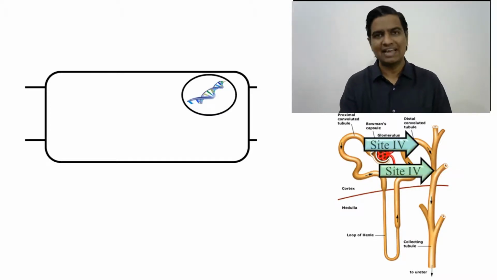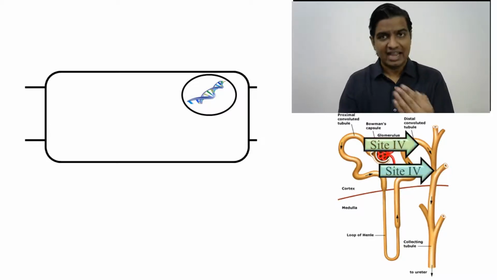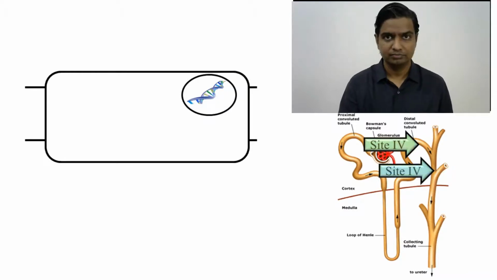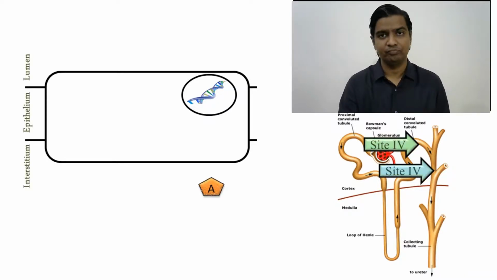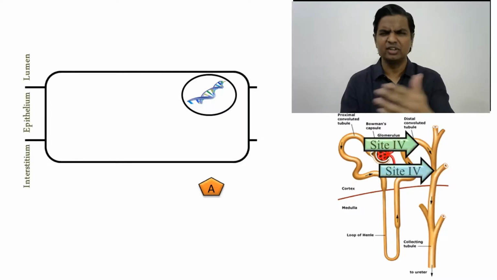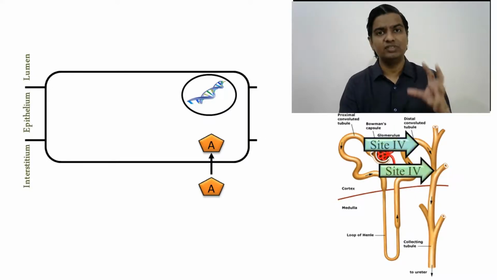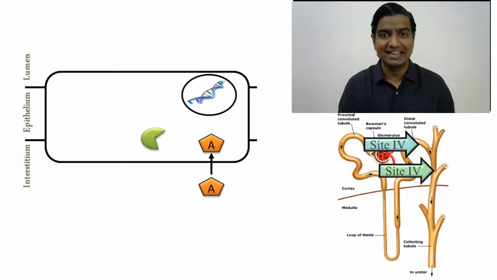Now how will that happen? Well, site 4, the DCT and collecting duct, by themselves cannot reabsorb sodium, but there's a hormone called aldosterone. Let's call it mineralocorticoid. This aldosterone or mineralocorticoid is a steroid hormone. It can come inside the cell. Inside the cell of the distal convoluted tubule and collecting duct, there is a special receptor called the mineralocorticoid receptor.